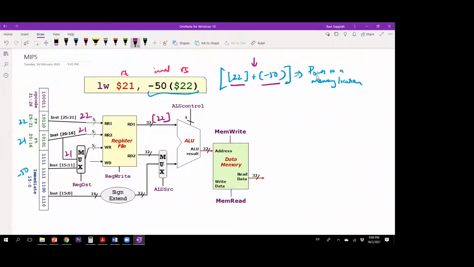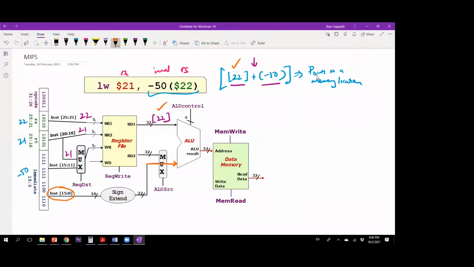This first one is already available over here. Now the second one, -50, is available through the 16 bits, and these 16 bits will get sign extended and come here. So over here, I need to make sure the ALU source is configured to make this come through here.